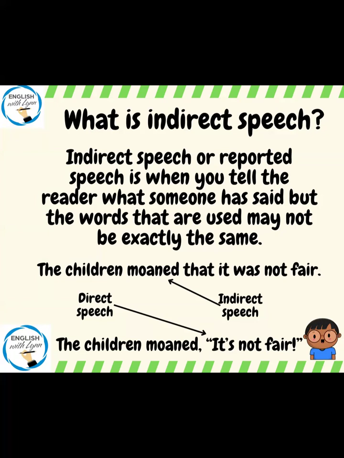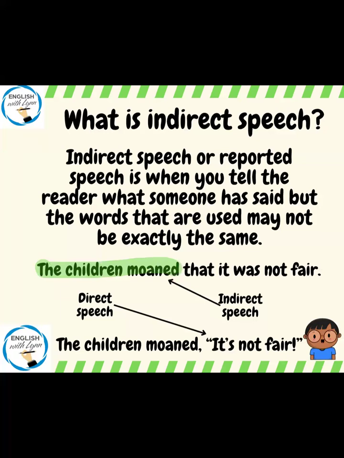Okay. Now, if I am looking at this as indirect speech or as reported speech, I have got my reporting clause part of it at the beginning because I need to show who is being reported to speak. So this bit is my reporting clause.